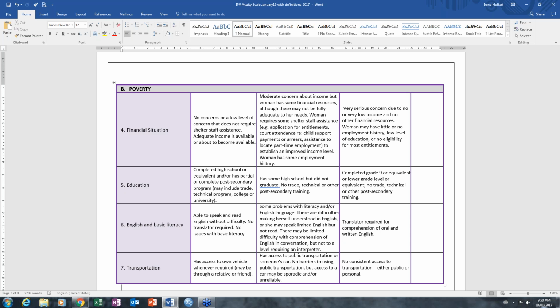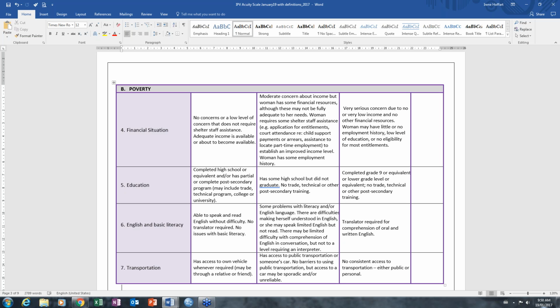They might also have little conversation, a little comprehension of English, but would not require an interpreter. Somebody who is not a newcomer and has problems with literacy might be able to read, but have a hard time comprehending what they've read, and you sense that they might have some issues completing forms.